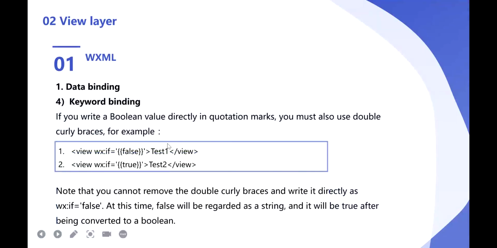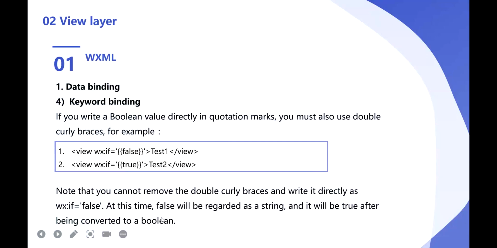Then we have the keyword binding. If we write a Boolean value directly in quotation marks, we must also use double curly braces. For example, here. Note that we cannot remove the double curly braces and write it directly as if false.